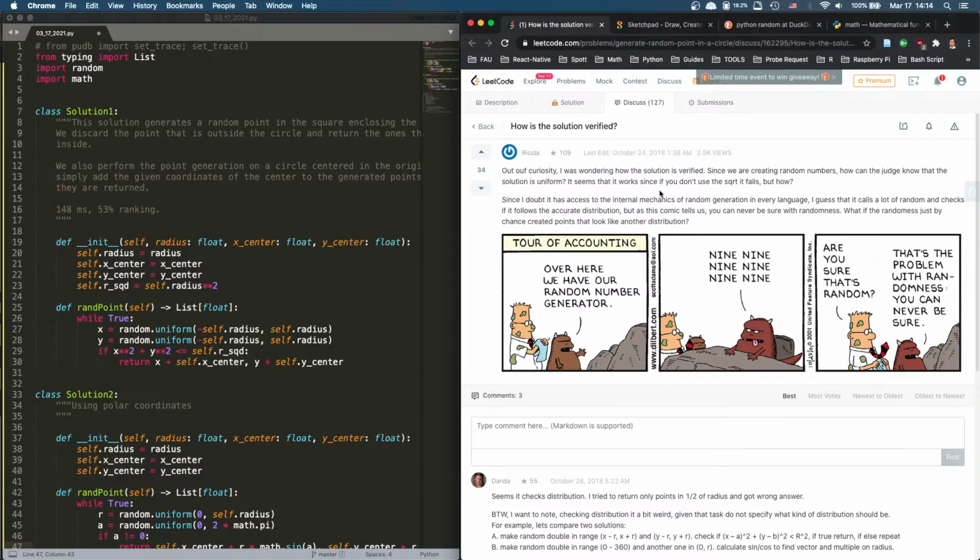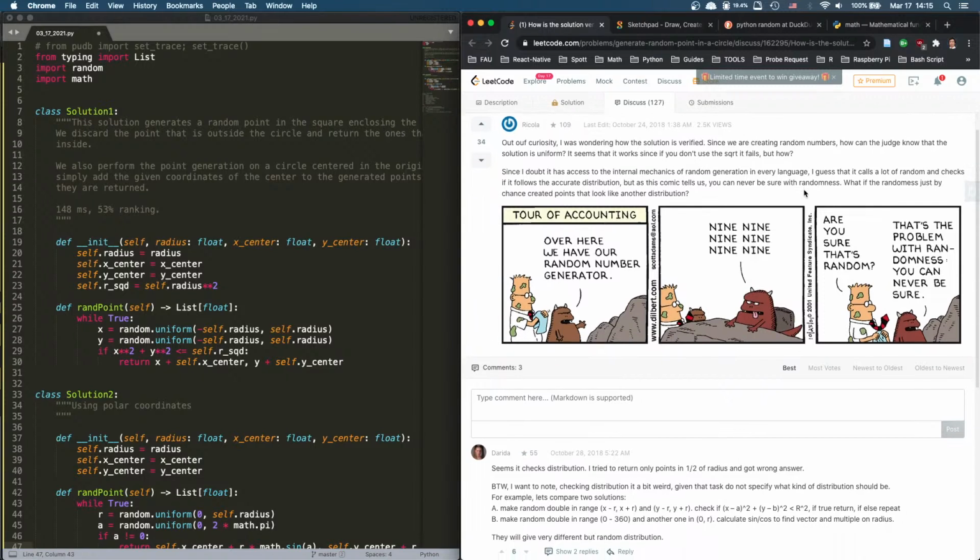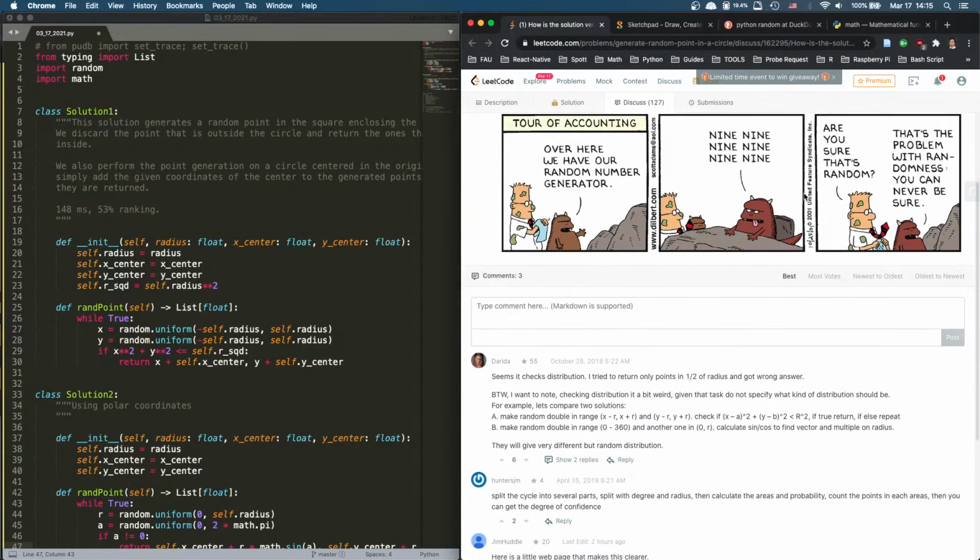Tool of accounting: random number generator. Sure, that's random. The randomness, you can never be sure. I mean, how can a judge know the solution is uniform? In every language, I guess. We have to check the results, check the distribution of points, and got wrong answer.